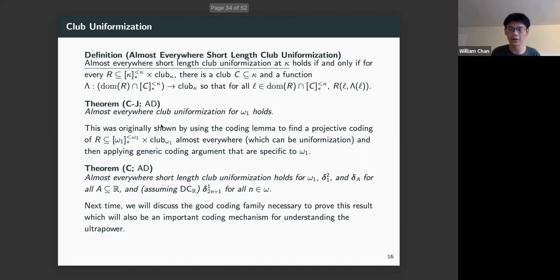To prove this result, you need to come up with an improvement of Martin's good coding system idea that incorporates coding for the bounded length sequences of a strong partition cardinal. This is a little trickier than it sounds because Martin's good coding system has very restrictive definability criteria, so it's tricky to merge these ideas together. But it'll turn out that this coding family gives us the necessary coding mechanism to code the ultrapower in a sufficiently simple way. So I'll say more about this next week.